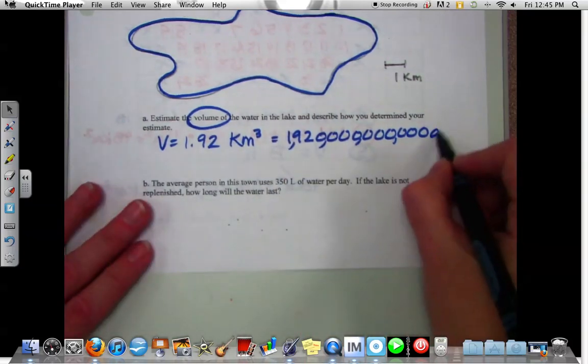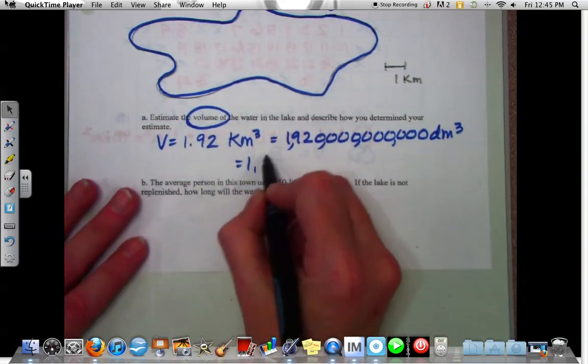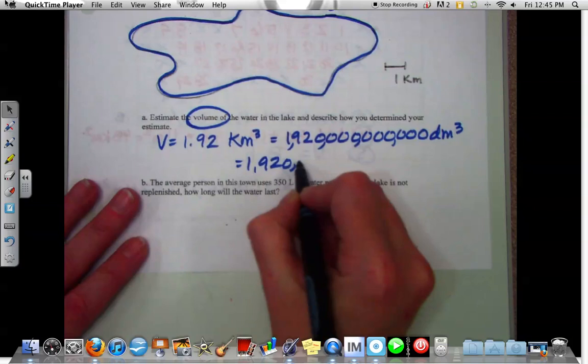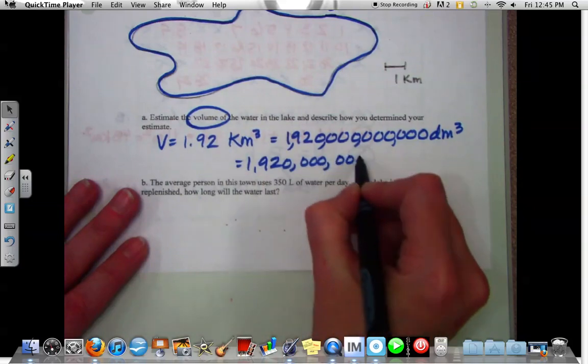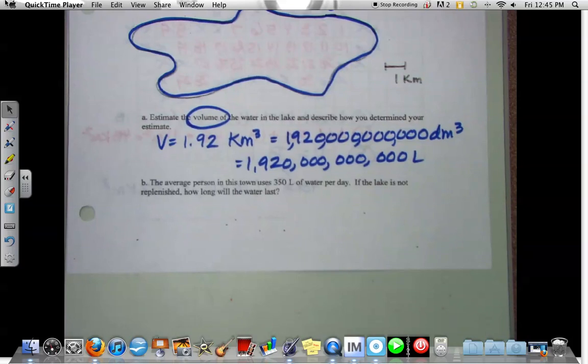All right, so this is cubic decimeters, and you guys said that they're equivalent to liters. So 1,920,000,000,000,000 liters.